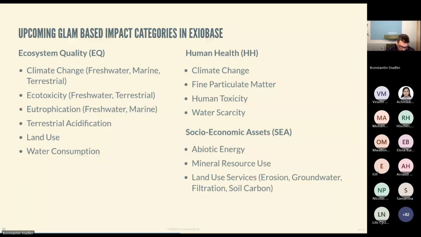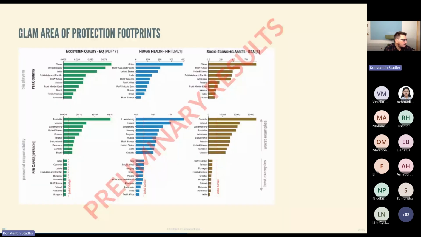And just yesterday, we got the first results of this run. So these are the GLAM areas of protection, and we calculated footprints for all 3 of them. So for ecosystem quality, human health, and socioeconomic assets. The top row shows you the total footprints of these 3 areas of protection.